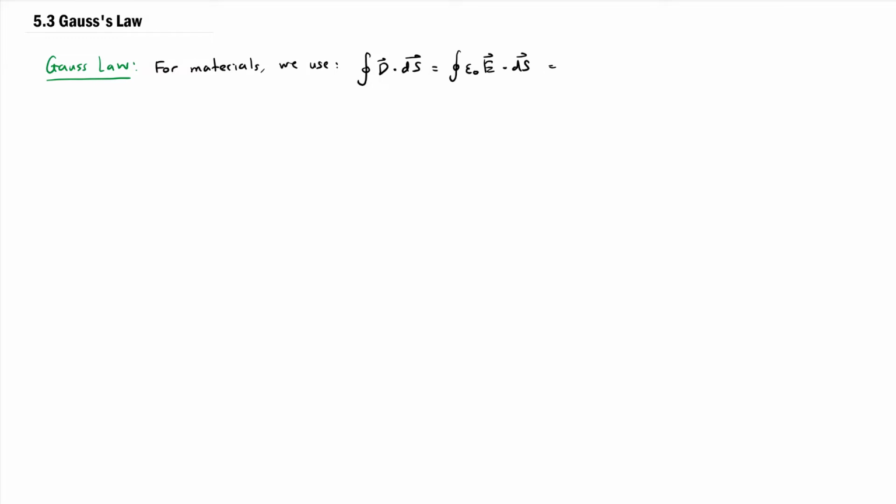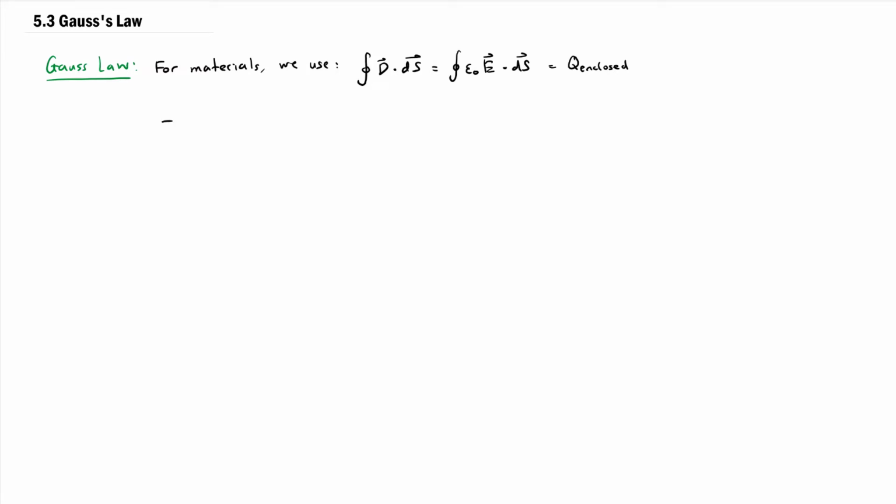And from our discussion of electric flux in the previous chapter 5.2, we know that the electric flux within a closed surface is simply the enclosed charge. So we have Q enclosed.